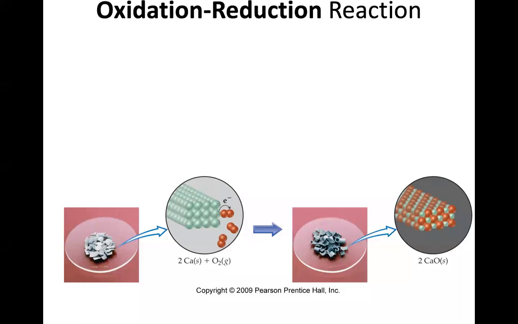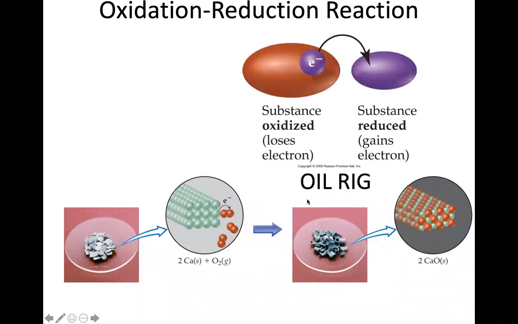The example here is when you take calcium solid, it reacts with oxygen gas to form calcium oxide, this ionic compound. If we look more closely within the picture here, this e minus, they're trying to say that an electron is leaving the calcium and going to the O2 molecule. An electron is being transferred in the process here. The electron is leaving one of the substances and going to the other one.